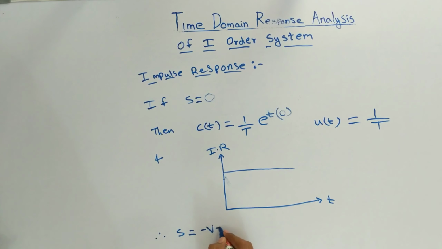Therefore, we can say that when poles are negative, the area is finite and integrable, and hence the system is stable. When poles are positive or 0, the area is not finite and therefore the system is unstable.